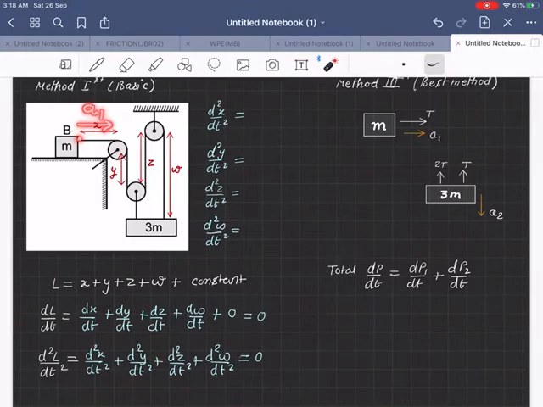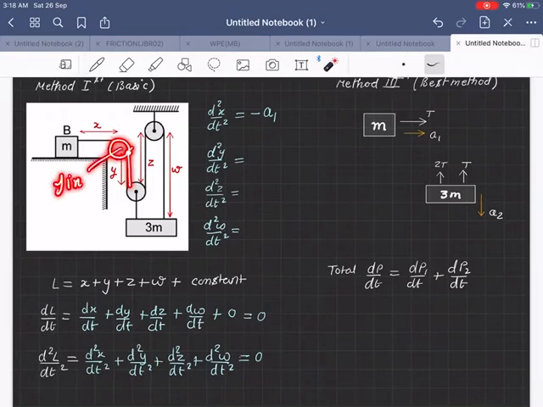a1 here. So if this block is moving right hand side, what do you think will happen to the x? Will it decrease or increase? Well, it decreases, so minus, and it is decreasing because of a1. Now let's look at y. Again this point is on a fixed pulley, so that point is not going to move.